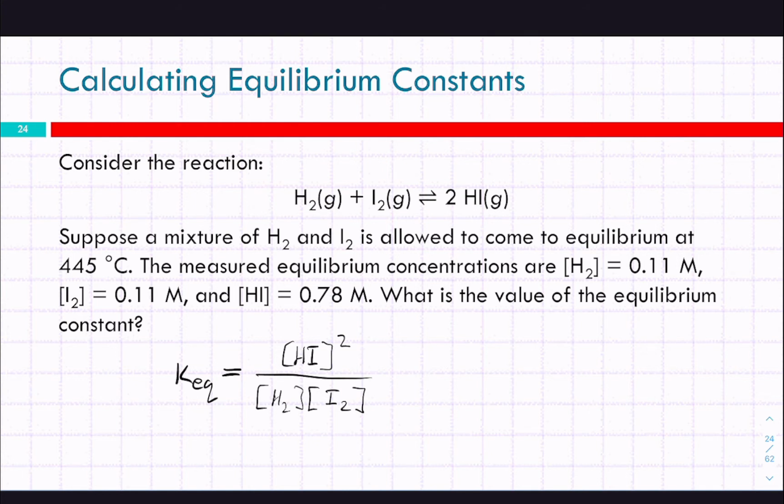The thing that always used to mess me up on these problems is I would plug the concentrations into the wrong spots and get them swapped as I was plugging numbers in. So be vigilant there. But that's all we have to do now. We just plug these numbers in and then a little bit of math to calculate the equilibrium constant. So 0.78 squared over 0.11 times 0.11.